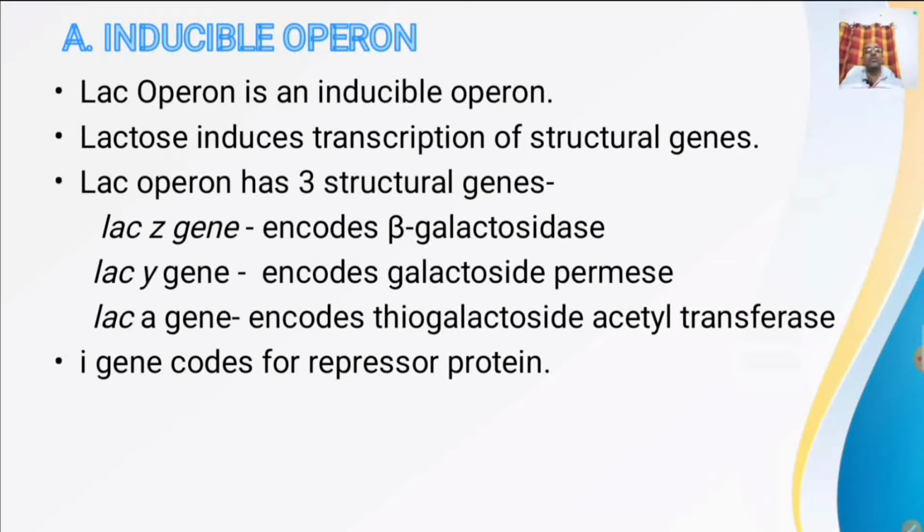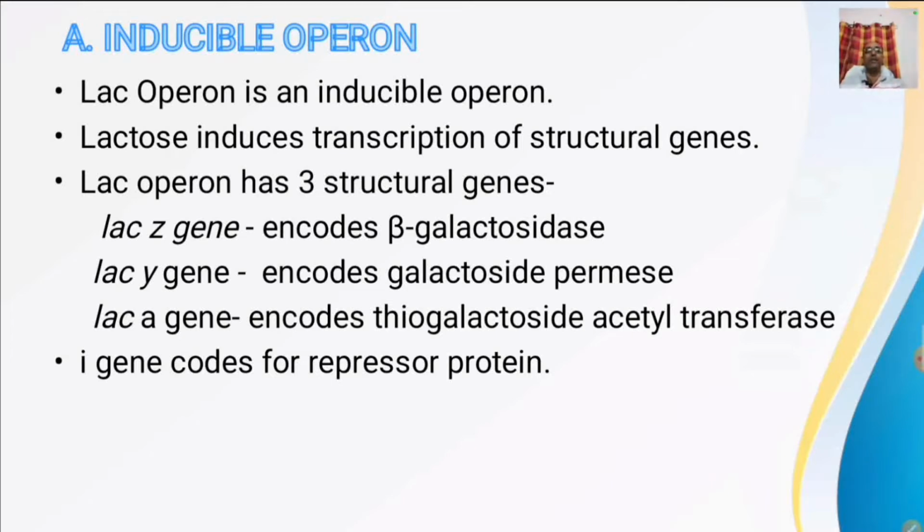So we can simply remember that there are three structural genes: lac Z, lac Y and lac A. In the operon there is also a regulatory gene. The I gene in the lac operon codes for a repressor protein.